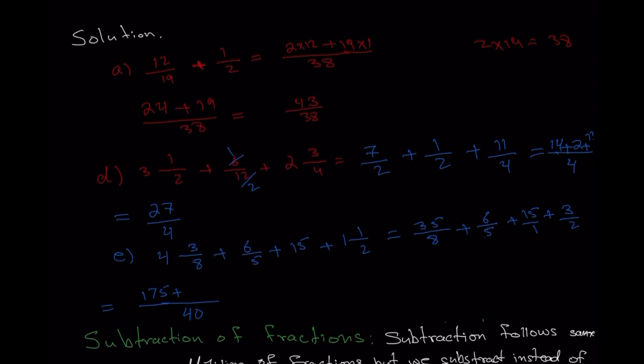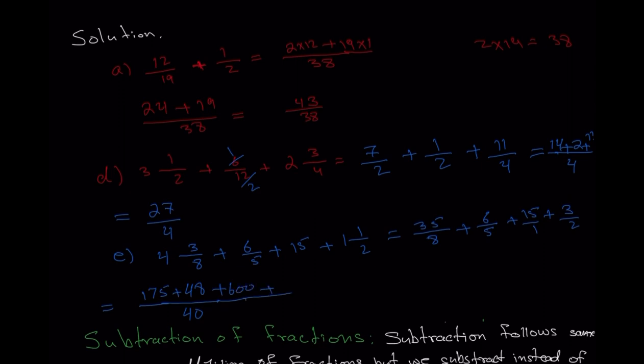Now 40 divided by 5 is 8. 8 times 6 is 48. 40 divided by 1 is 40. Then multiply that by 15 will give us 600.